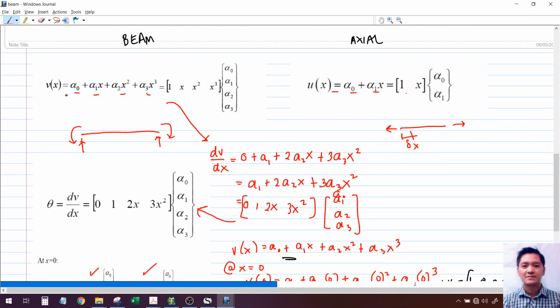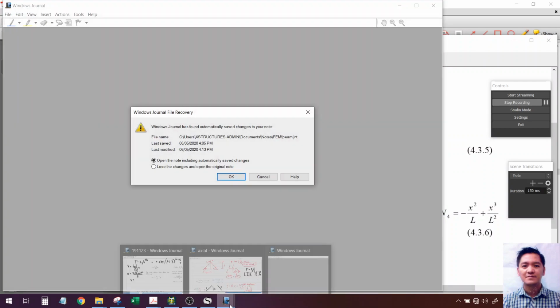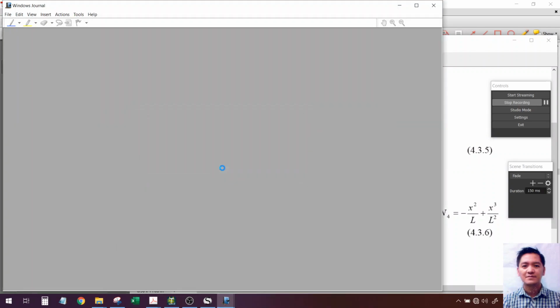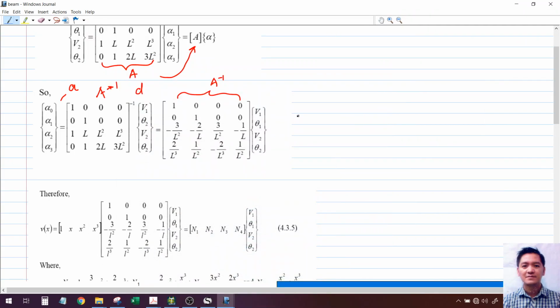Yan, okay? V of X, okay, so i-rewrite natin to. So, what is alpha? Alpha equals A inverse D.